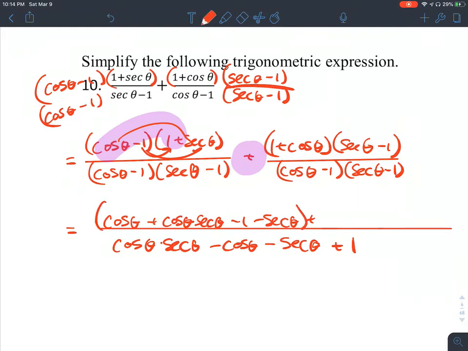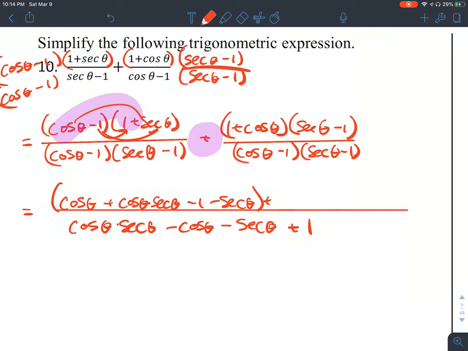All that being said, I'm going to do it anyhow for emphasis because people mess that up all the time. Distributing, FOIL method, whatever you want to call it, I'm going to get secant of theta minus 1 plus cosine of theta secant of theta minus cosine of theta.